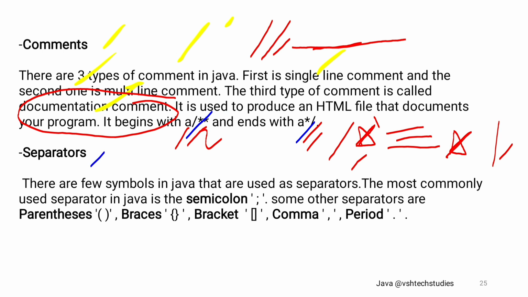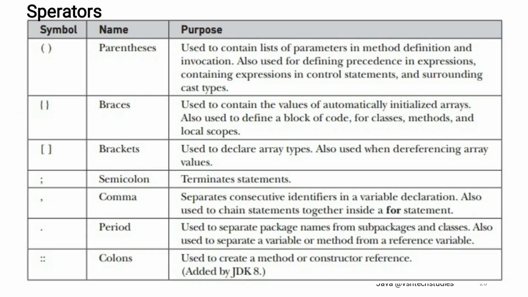Separator here means there are a few symbols in Java that are used as separators. The most commonly used is the semicolon; some others are parentheses, flower brackets, square brackets, comma, or period, meaning dot. These are some of the separators which we listed, with their names and the purpose for which they are used.